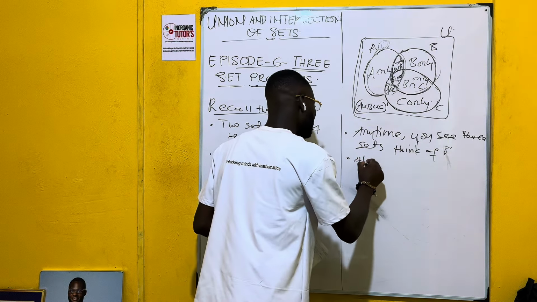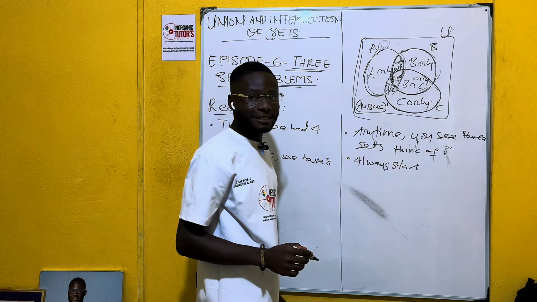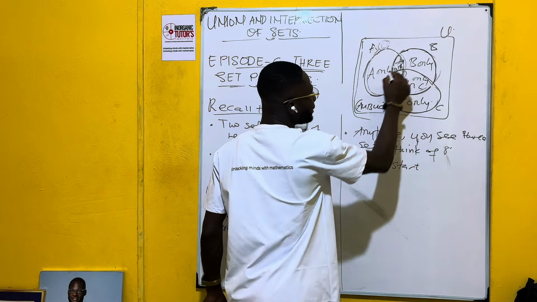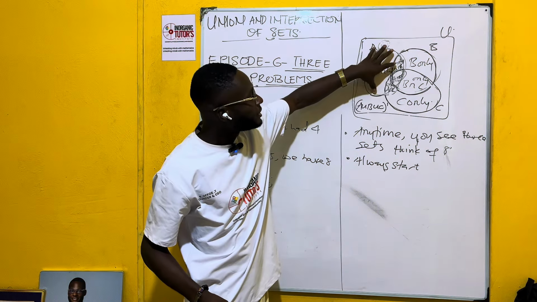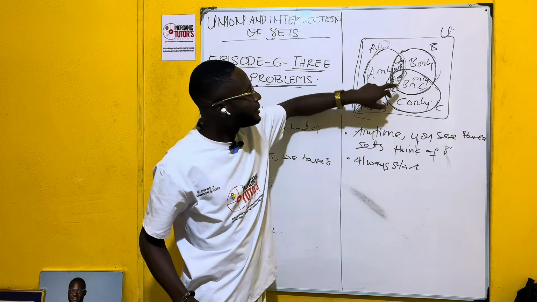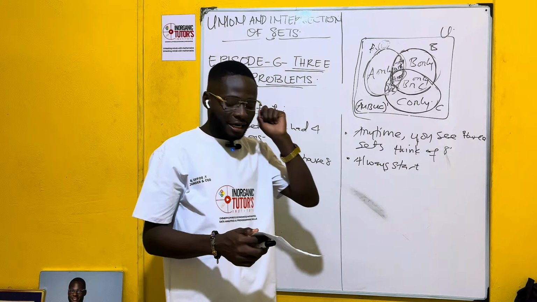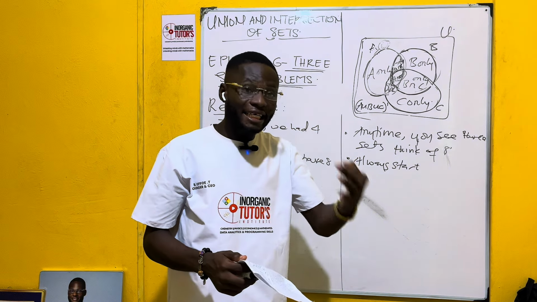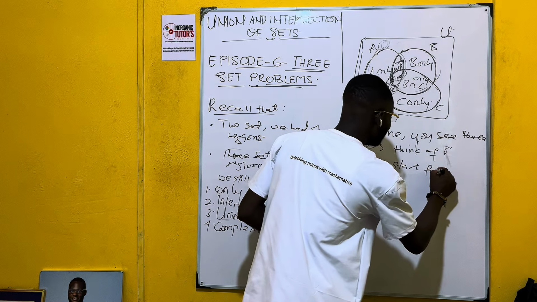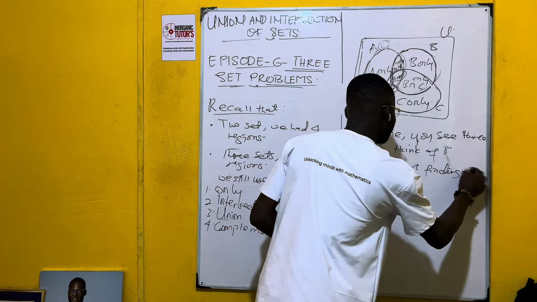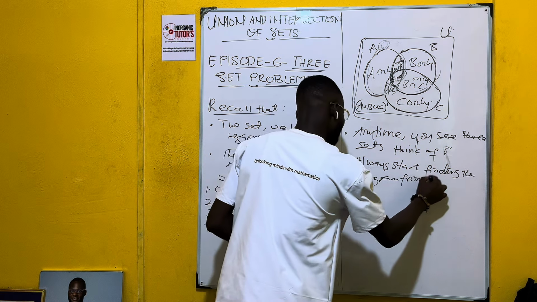Always start with the common element that belongs to set A, set B, and set C, that is A intersection B intersection C. Always start finding the diagram from the center.